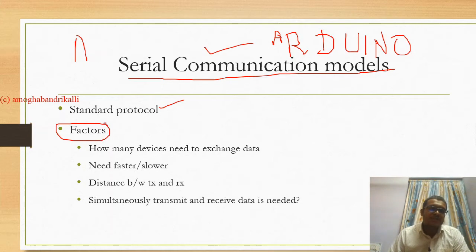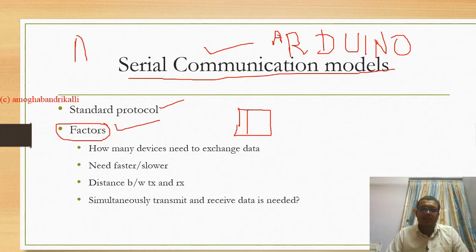On what factors do we decide which communication to opt for? With how many devices does your microcontroller need to communicate? Whether it is 1, 2, 3, that is the first and foremost factor.